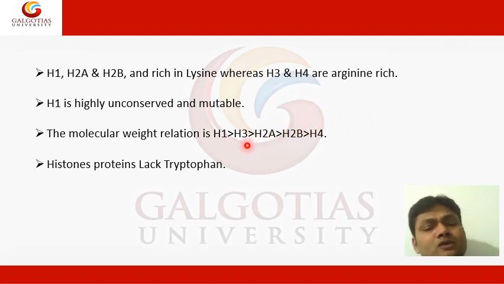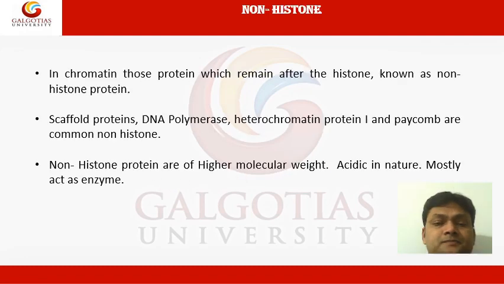According to the molecular weight, there is a particular series and sequence in which H1, H3, H2A, H2B and H4 are arranged as per the molecular weight relations. And the histone proteins generally lack the tryptophan amino acid.